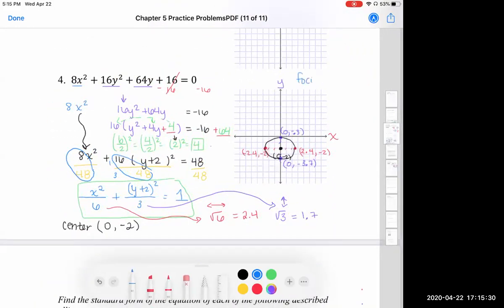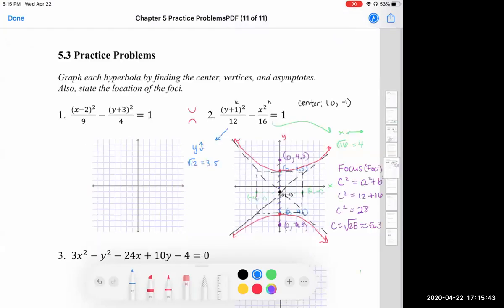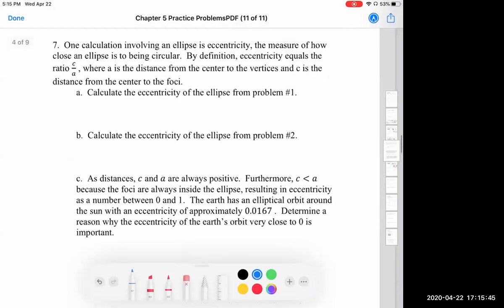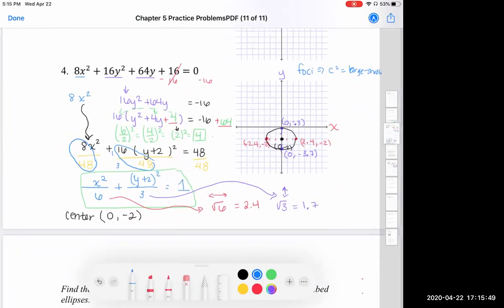So c squared is made up from the larger minus the smaller one. So 6 minus 3 equals c squared. So c is the square root of 3, and square root of 3 gives us 1.7.